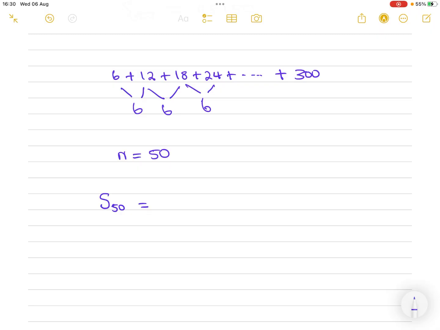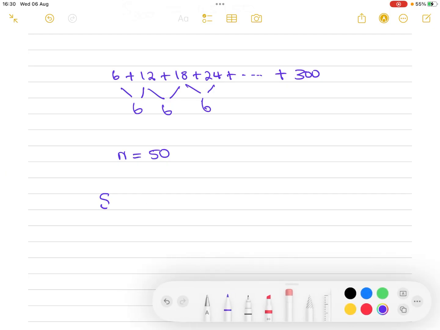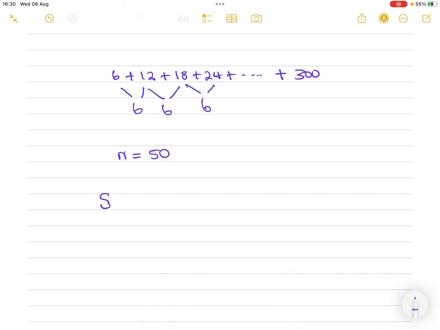Before I even write the 50 terms, let me start by writing the formula first. On your formula sheet, the first question you ask yourself is, am I given the last term? The answer is yes, this is our last term. So that implies that I can work with this formula.